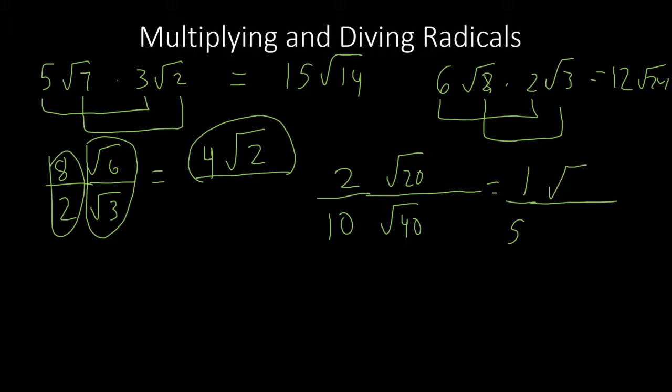So 20 and 40 reduce to 1 over 20. And then the square root of 1 is the same thing as 1. So 1 times 1 is 1. And then it would be 5 square root of 20. So the rules for multiplying and dividing radicals is extroverts date extroverts, introverts date introverts, and that's how they can multiply or divide.